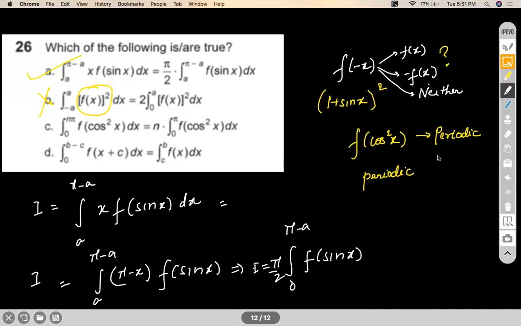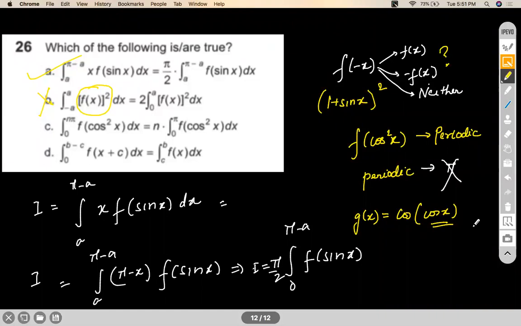Now the problem is many people will state pi. 2 pi, I think. But it is not correct. It can be more than pi also, but it depends upon whether f is periodic or not. For example, let us say I give you a function cos of cos x. Let's say I take this as g of x. Will you say that this function is periodic with 2 pi?